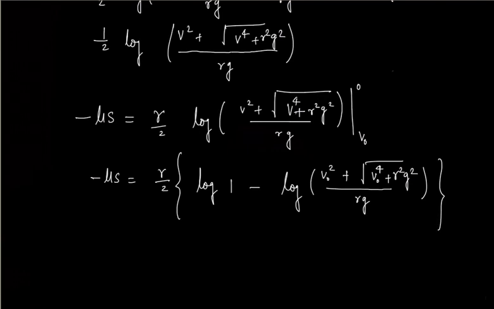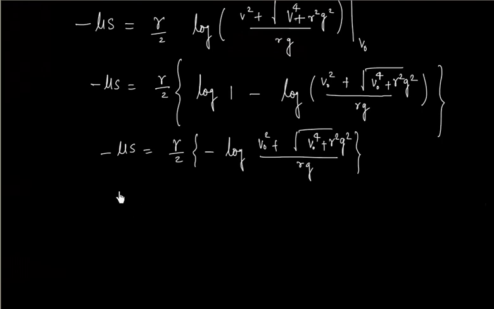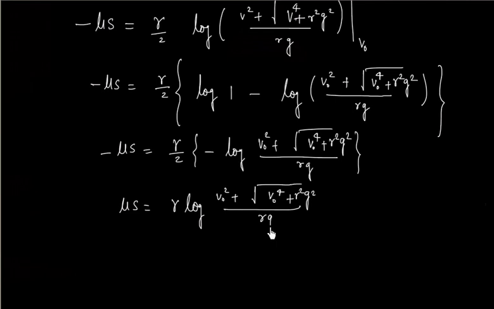Now log 1 is 0. So we will have minus log of v naught square plus, so this negative sign goes, so we will have mu s is equal to r log of v naught square plus under root v naught to the power 4 plus r square g square, divided by rg.